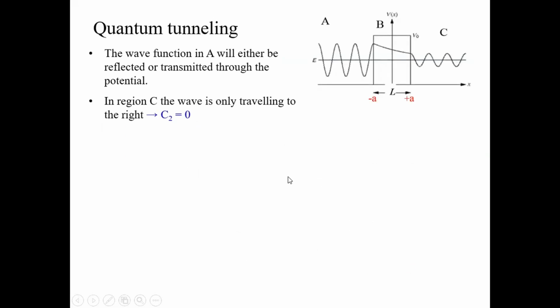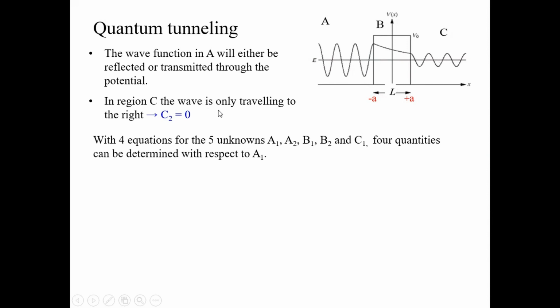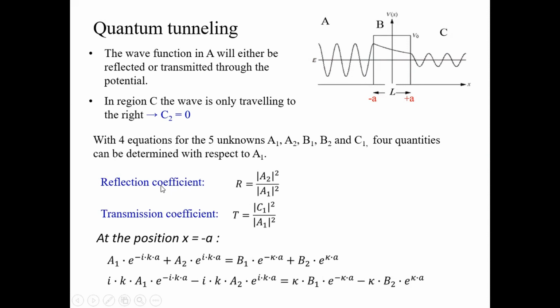So in quantum mechanical tunneling, the wave function in A will either be reflected or transmitted through the potential, and in region C, the wave function will only travel to the right, and C2 will be equal to 0. And with the equations for the 5 unknowns we have, we can find the reflection coefficient and the transmission coefficient. The transmission coefficient is given by C1 squared divided by A1 squared, the amplitude squares, at the position x equal to minus a, and similarly x equal to plus a, we can find the values.